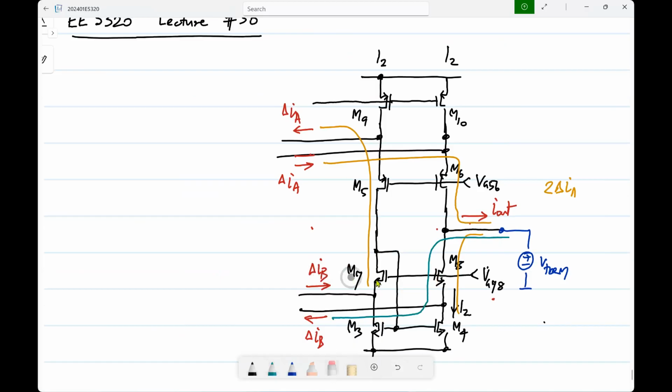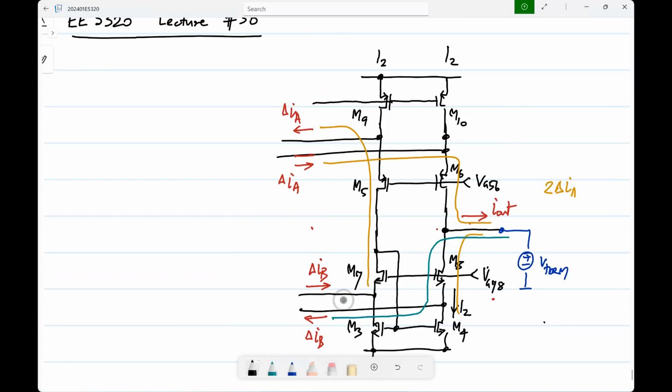This delta IB, where does it flow? This delta IB is being injected to this common node between M7 and M3. So where does this flow? Into M7, M3, M7. Why? Is it?